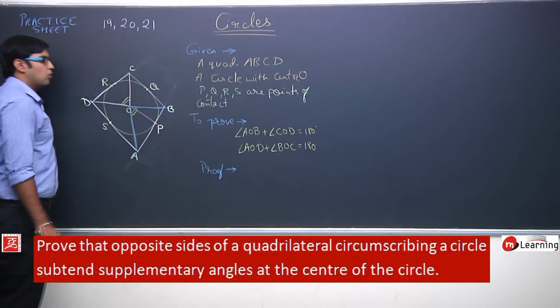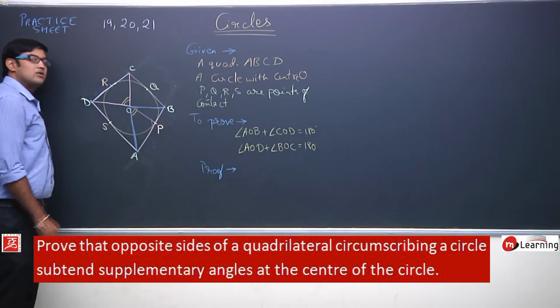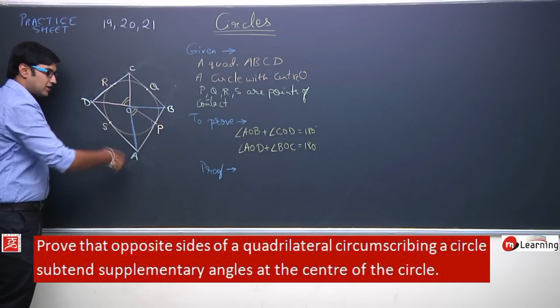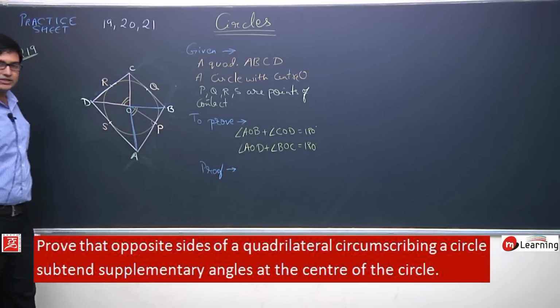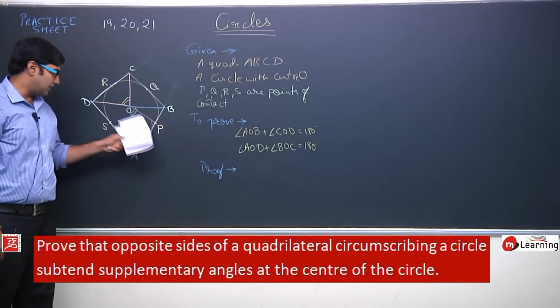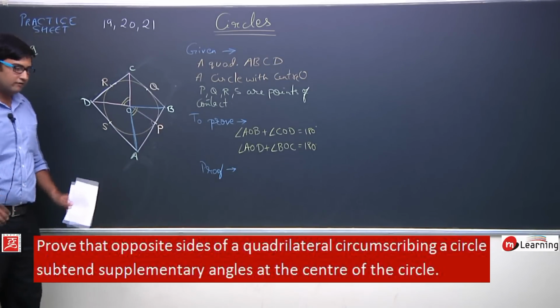with this point O, this angle will be equal to 90 degrees, since OP is the radius and APB is the tangent to the circle. So this is the point of contact and OP is perpendicular to AB according to theorem 1. This is what you have learnt.